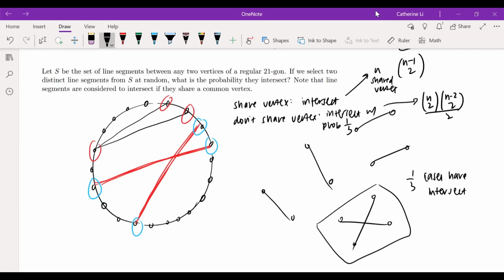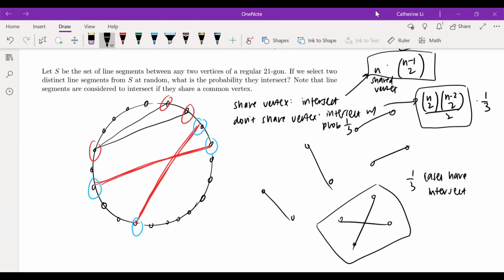Okay. Cool. So this is going to contribute this many intersections, and then this is going to contribute 1/3 of this many intersections.